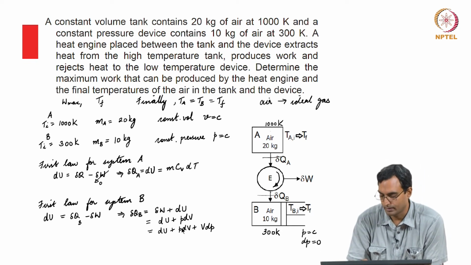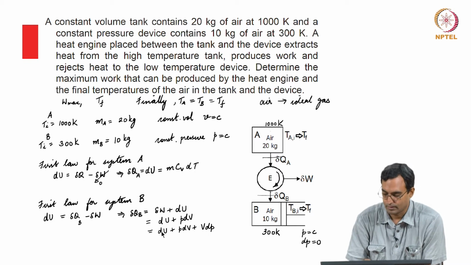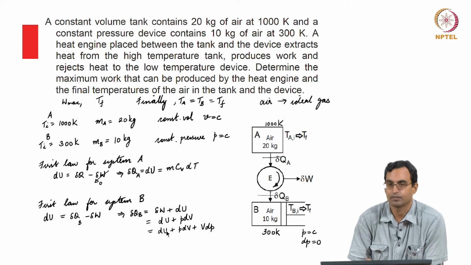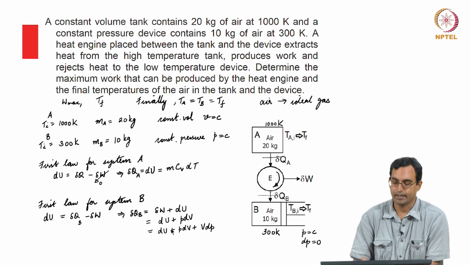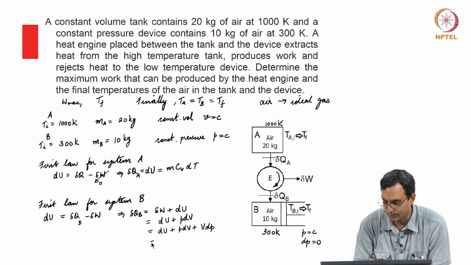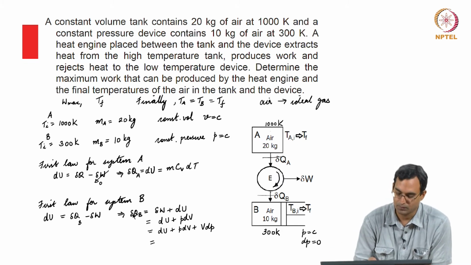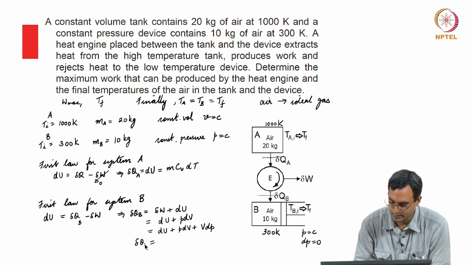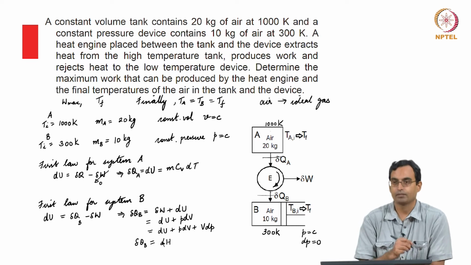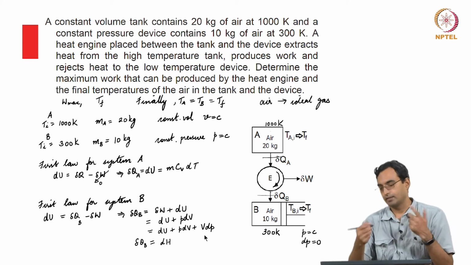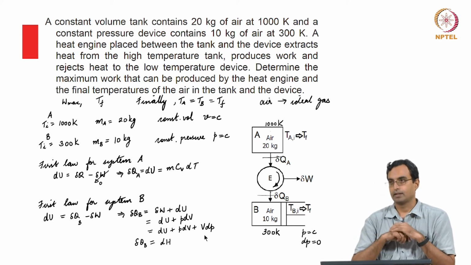So, this is d of PV and this is d of U. So, that is d of (U plus PV), which is dH. We have seen this earlier. So, when you have a constant pressure process, what we see is that the heat transferred is essentially the change in enthalpy. We have seen that earlier, but we just re-derived it anyway for convenience.